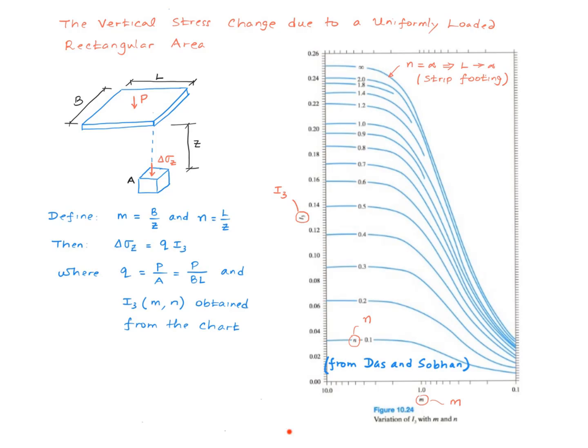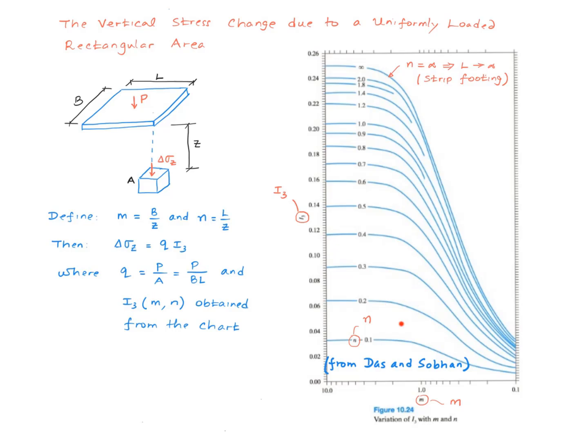Let's define two dimensionless factors, little m and little n, and write the vertical stress change by this equation, where I3 is referred to as the influence factor. Q, of course, is the contact pressure calculated by this equation. The influence factor I3 is a function of little m and little n.